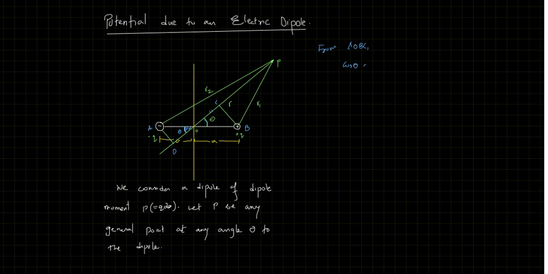The base is OC, and the hypotenuse is A. So we get OC equals A cos theta.